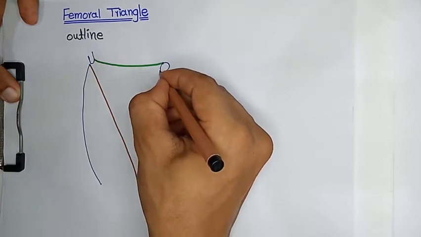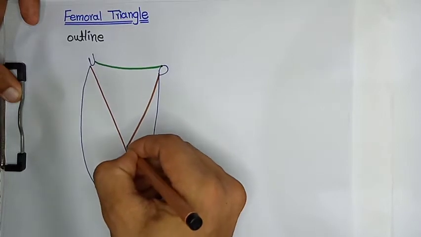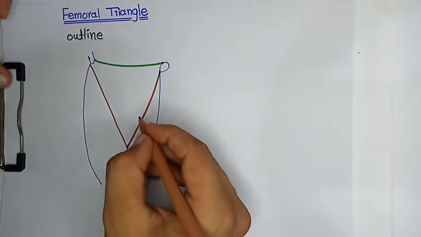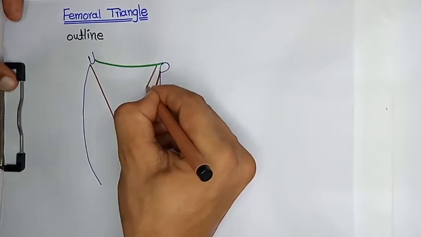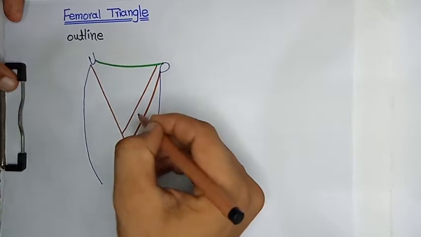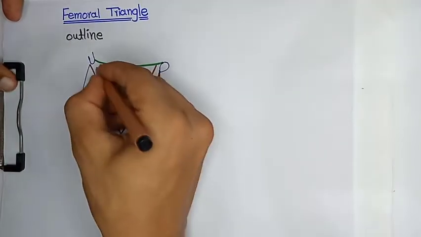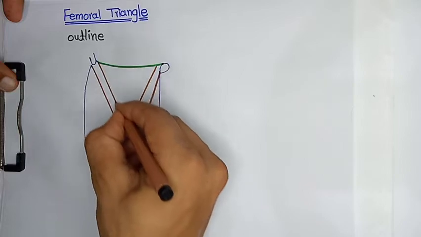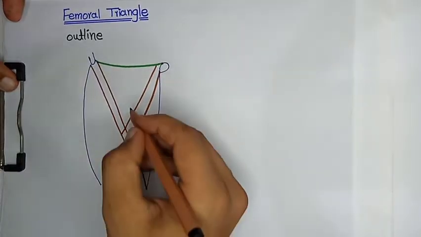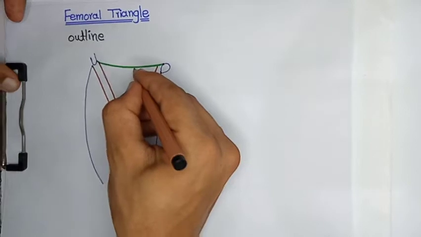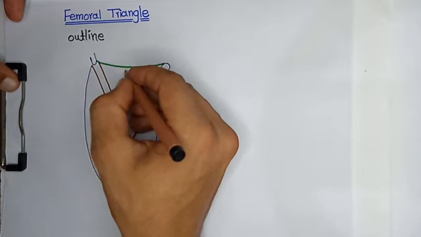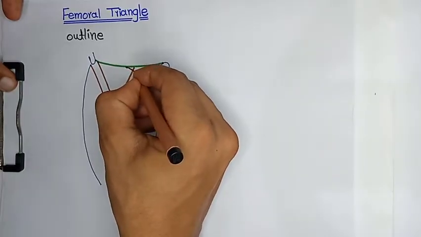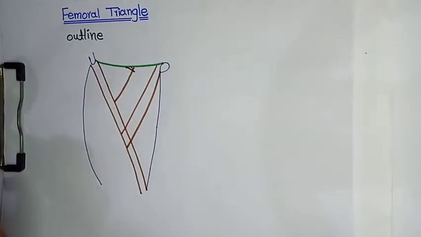And this is the muscle sartorius. This is the muscle adductor longus. Its boundary, and it is the boundary of sartorius muscle, and this is the boundary for pectineus muscle.